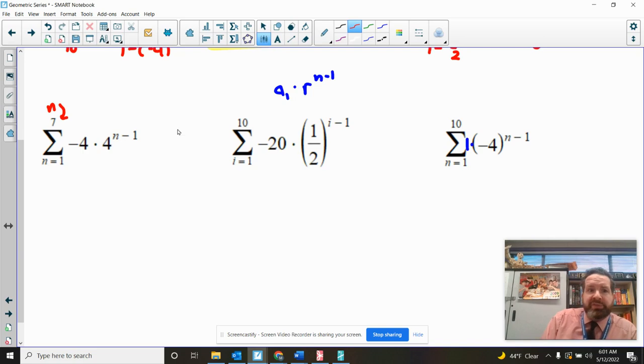Based on this description of the formula, here is your first term. And based on the description of the formula, there is your common ratio. So all the information you need is right there for you. So here, the sum of the first 7 terms is the first term times 1 minus 4 to the 7th over 1 minus 4.